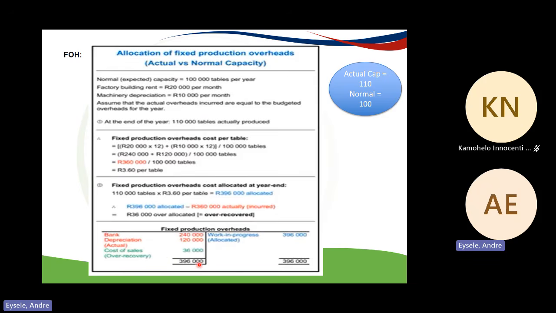So you take 36,000 Rand off. 396 minus 360 is an over allocation of 36,000 Rand. So you've allocated more expenses than what you should have. That's why you deduct it off cost of sales. Allocated is 396,000, incurred is 360,000.